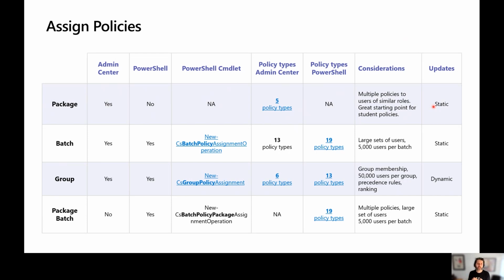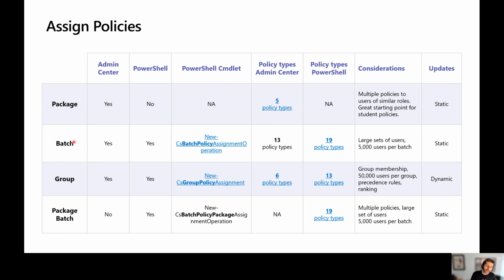If that's your case, you just need to keep in mind, if you're using the policy package, whenever people join, you need to make sure they have the right policies. Otherwise, they're going to get the global policy. And if global policies are for students and you customized turning off a lot of the things you don't want students to do, that means new users, new teachers, new staff, will have that limited experience. So that's why we created this static or updates column here. So keep that in mind.